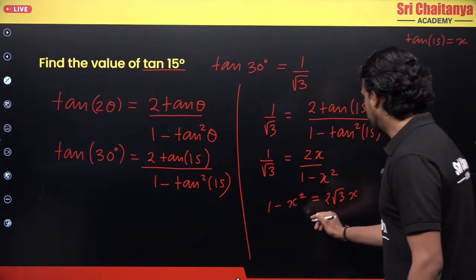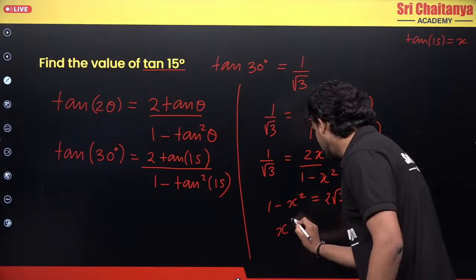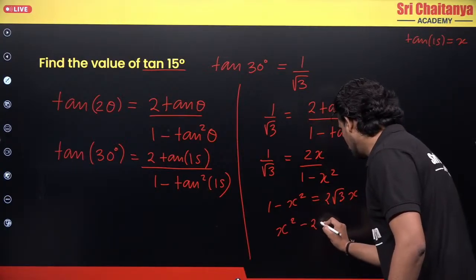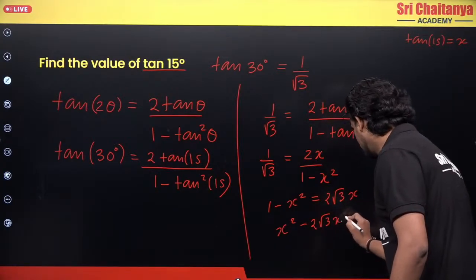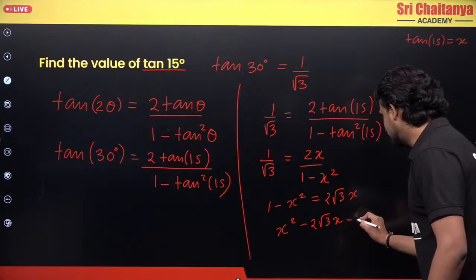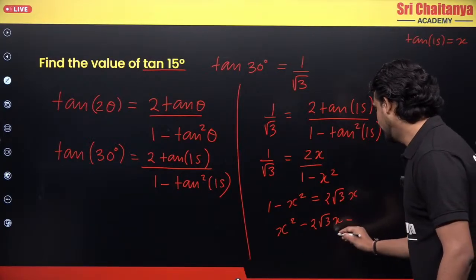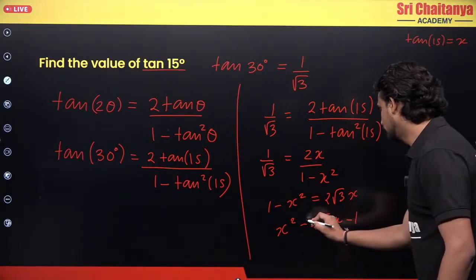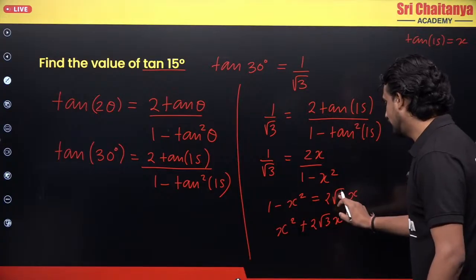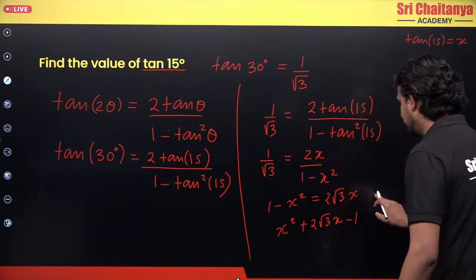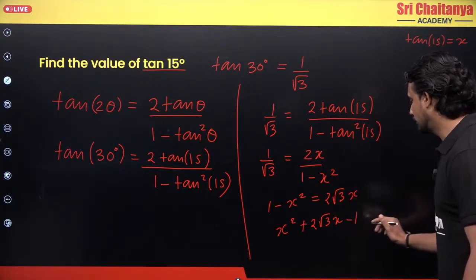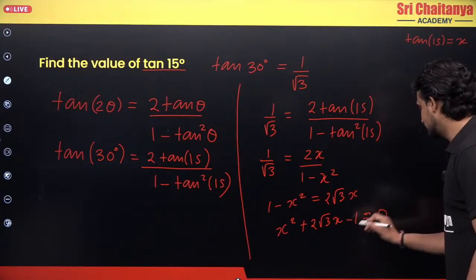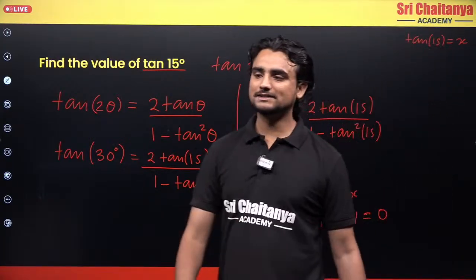And if I put this here, this will become x square minus 1 on one side, and 2 root 3 x as it is.